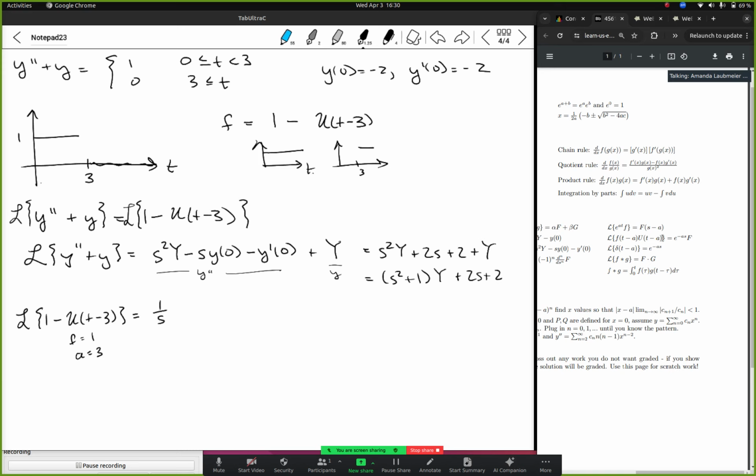A lot of the time when you apply this property, you need to make sure to transform it into looking like f of t minus a. In this case, f of t is 1, so f of t minus a is 1, so there's nothing special to do. We can just directly plug in that this is e to the minus 3s times capital F, the Laplace transform of 1, but we just did that, we know that it's 1 over s.